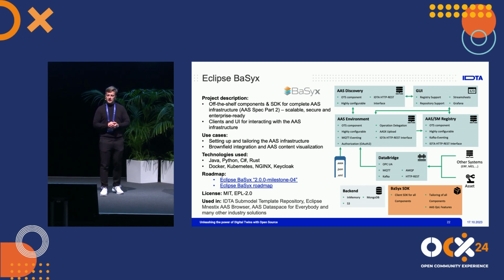It also has a UI, and provides several off-the-shelf components that you can put on top of the AES specification itself. It supports different technologies like Java, Python, C#. It is pretty mature, and if you want to do some experiments trying out AES, maybe this is a good place to start.